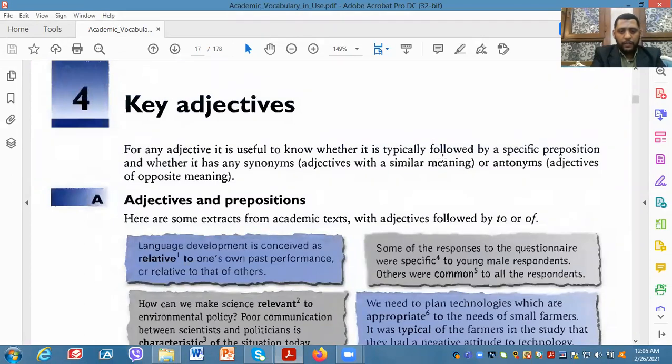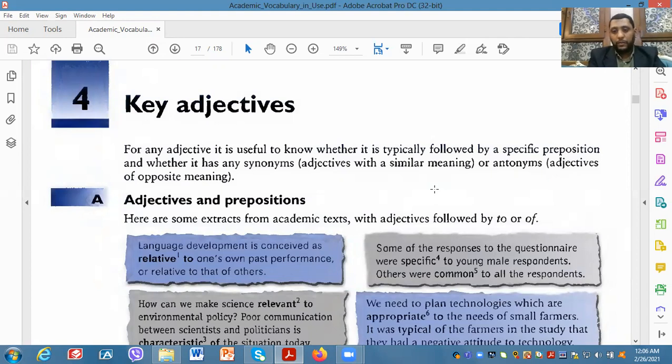For any adjective, it's useful to know whether it is typically followed by a specific preposition and whether it has any synonyms, adjectives with a similar meaning, or antonyms, adjectives of opposite meaning. So what does that mean? It means that whenever you come across an adjective, it will be a good idea to ask yourself if this adjective is a kind of the adjectives that are typically followed by a specific preposition or not, because some adjectives are followed by a specific preposition, others are not.